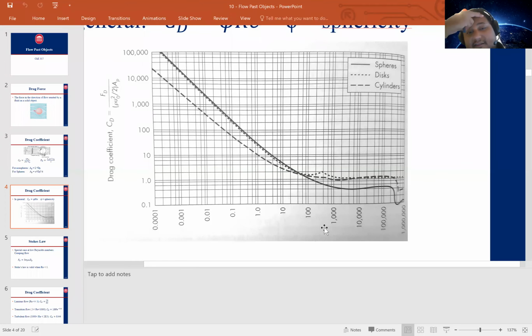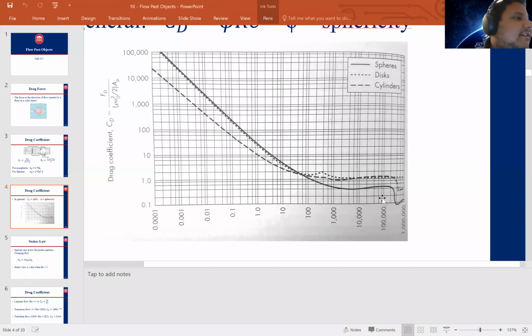And for low Reynolds numbers, we find that we have an exponential relationship between our Reynolds number and our drag coefficient. Now, an intriguing thing happens at extremely high Reynolds number, which you can start to see towards the tail end of the figure: there's an appreciable dip in our system.